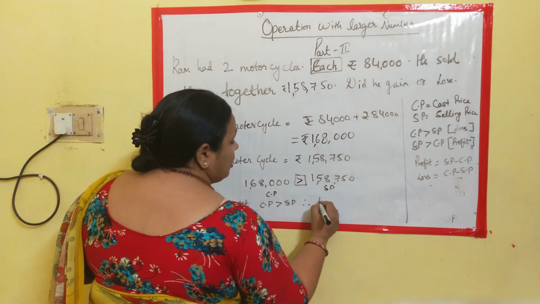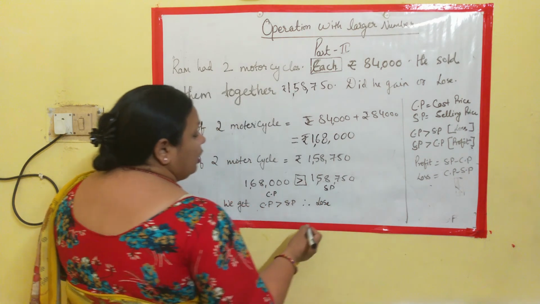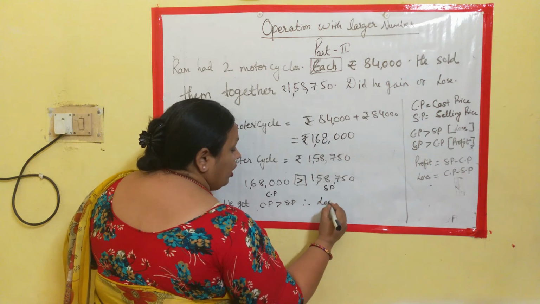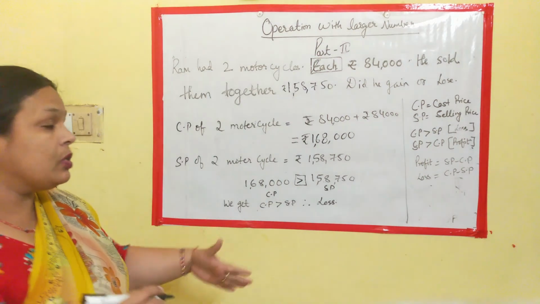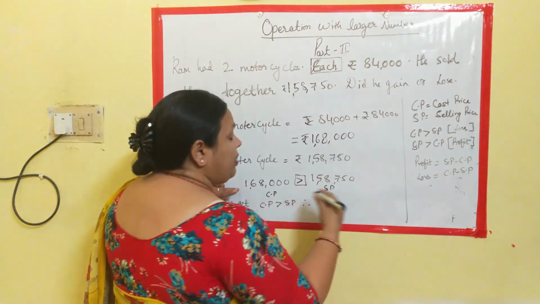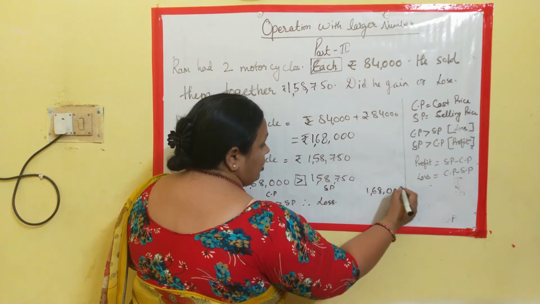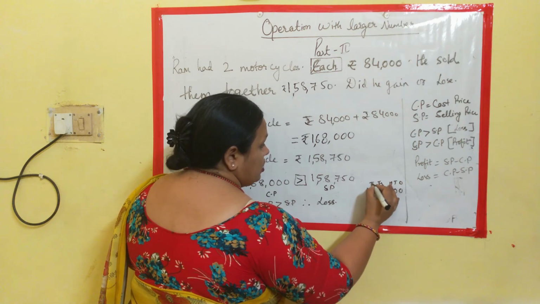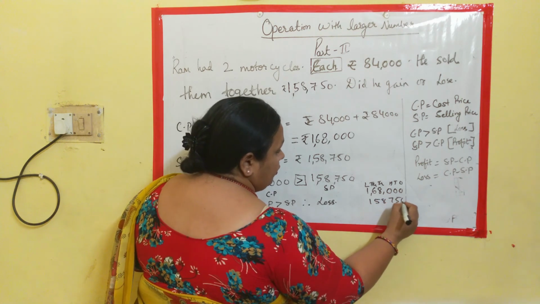Therefore, he has faced a loss. How much loss, if it is required, that is not our question, but in some question it may be asked that how much did he lose. So for such a condition, ones, tens, hundreds, 1,000 and 10,000 and lakh, and then 58,750.